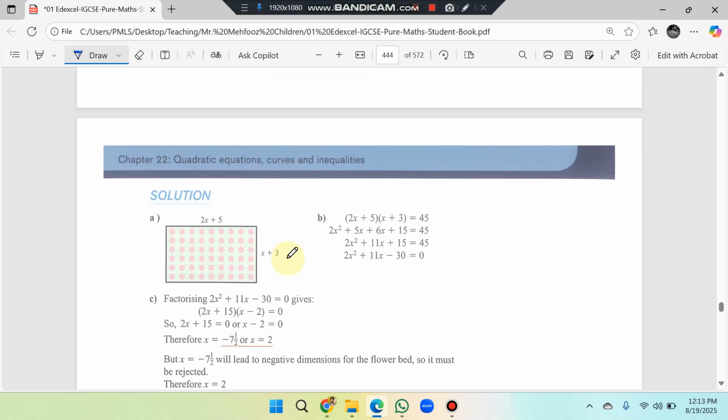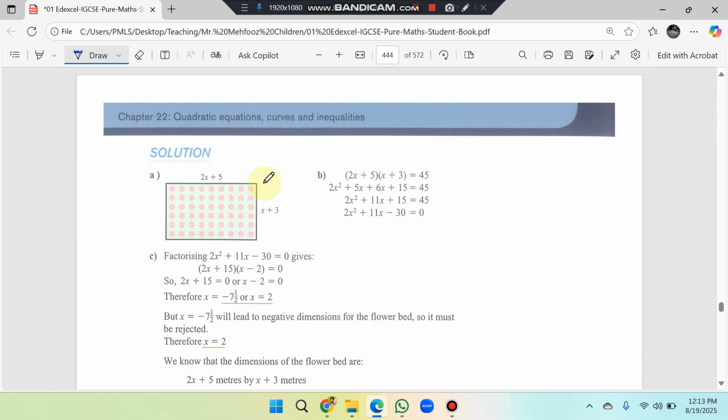So you can see that here is the figure of the flower bed, that is the length of this flower bed is 2x plus 5 and the width of this bed is x plus 3, right? So if you are interested in finding the area, because area is given as 45 in the question, so area of a rectangle can be found by multiplying its length and its width.